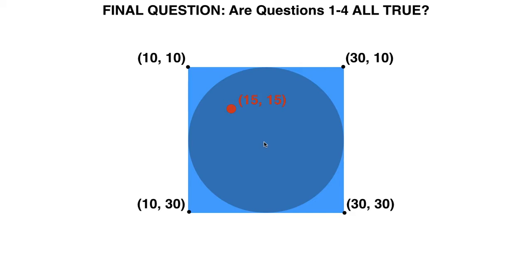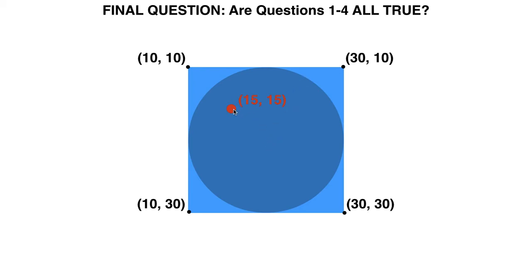Because again, the radius is the distance to every single point along the edge of the circle. Every point along the edge of the circle is the same distance from the center of the circle. Again, that's the fundamental geometric definition, and that distance itself is called the radius.